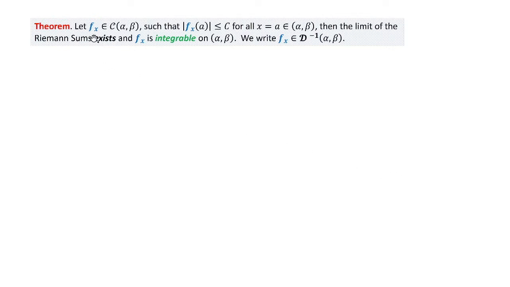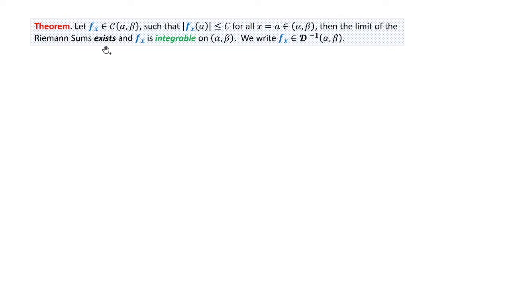And in fact, you can prove that if a function is continuous on the interior, so this is my derivative, this is my dynamics, continuous on the interior, and it's bounded for any choice of any point inside here, so it's continuous and bounded everywhere, then the limit of the Riemann sums exists.